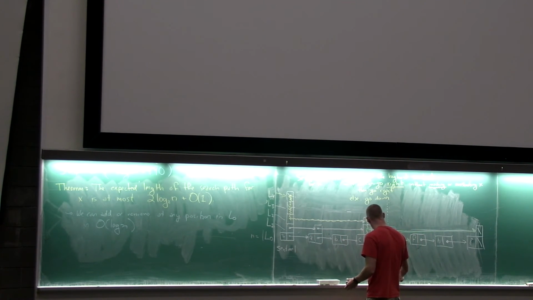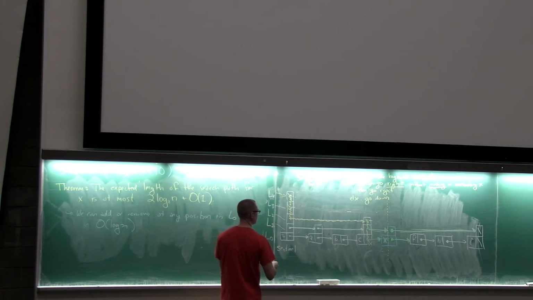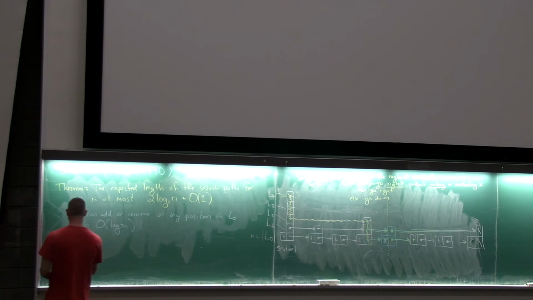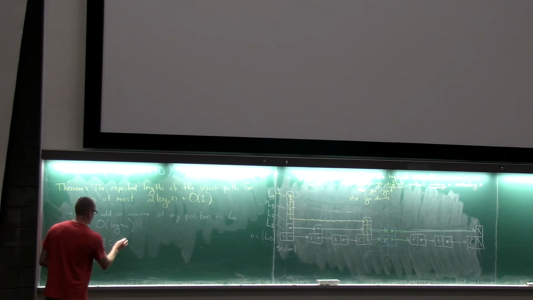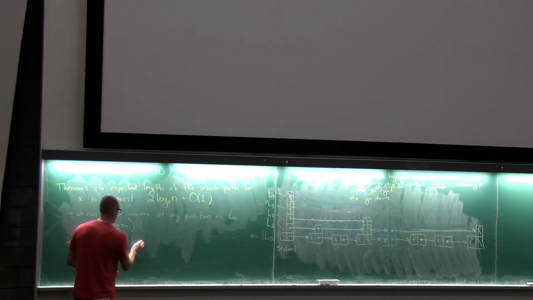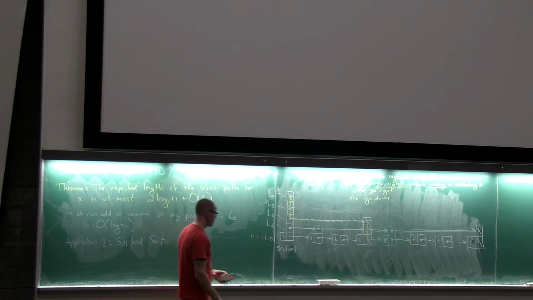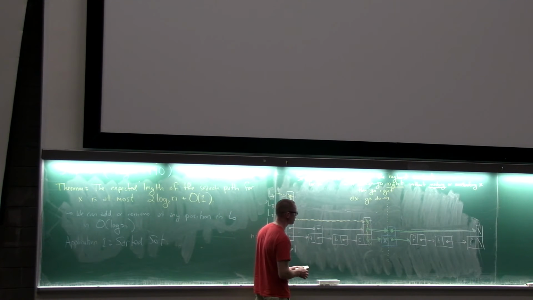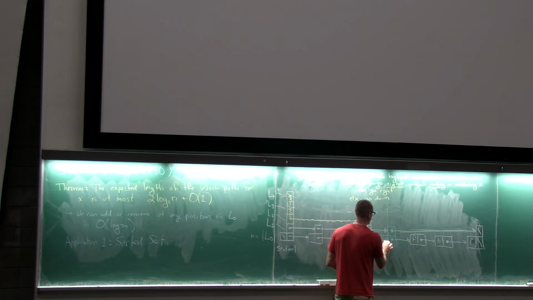All right, so application 1 is to use this to implement a sorted set. That's actually pretty obvious. The list L0 is going to contain all the elements we're trying to store in a sorted set.